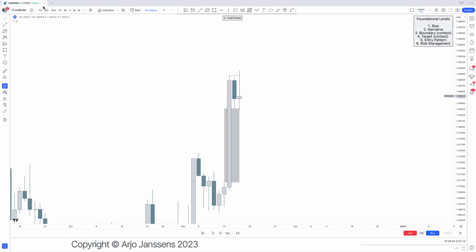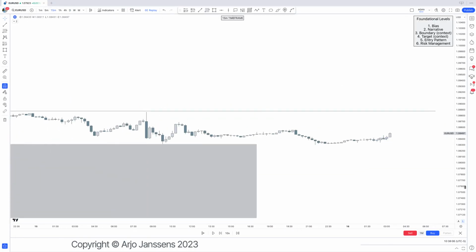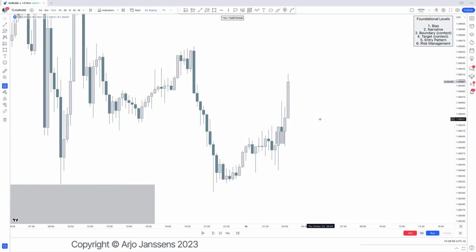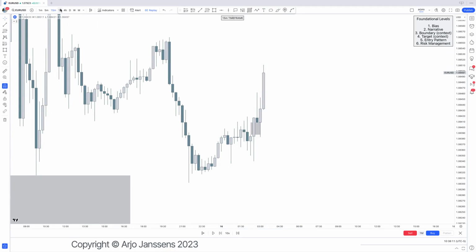So if we go into the 15-minute time frame and we have an ST plus RE, that means that everything below the 15-minute is already in context. It doesn't matter what the 5-minute and the 1-minute are doing, because the 15-minute is the time frame above the 5-minute and the 1-minute, meaning that the 15-minute is the leading time frame right there.